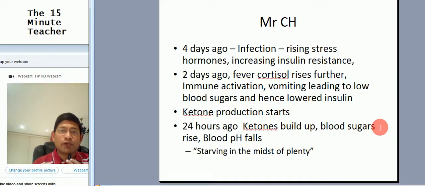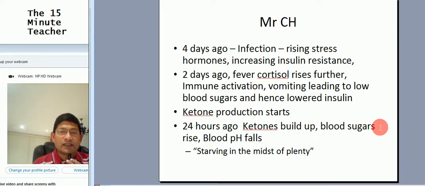There was immune activation, vomiting leading to low blood sugars and hence lowered insulin use, and then ketone body formation starts. 24 hours prior to admission, these ketone bodies built up in the blood, leading to ketoacidosis, and the blood pH falls. In order to compensate, the body sends signals for hyperventilation to wash out carbon dioxide and combat acidosis.